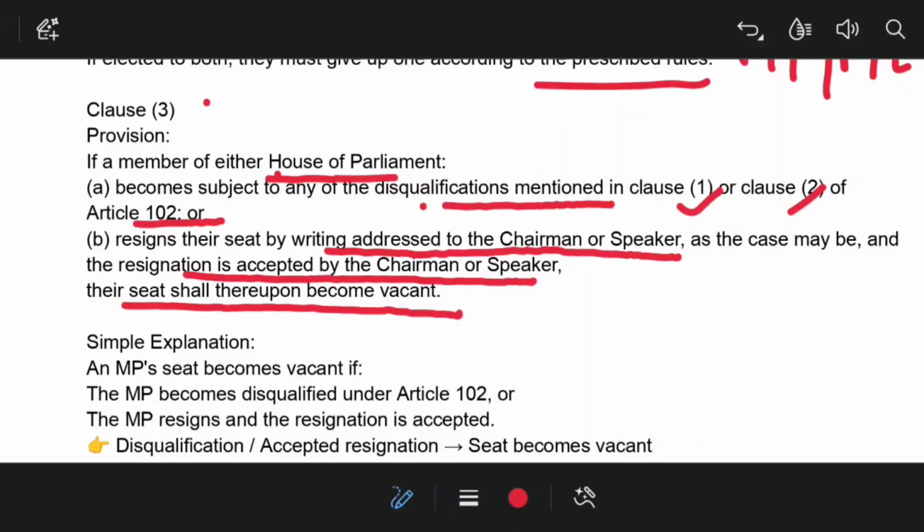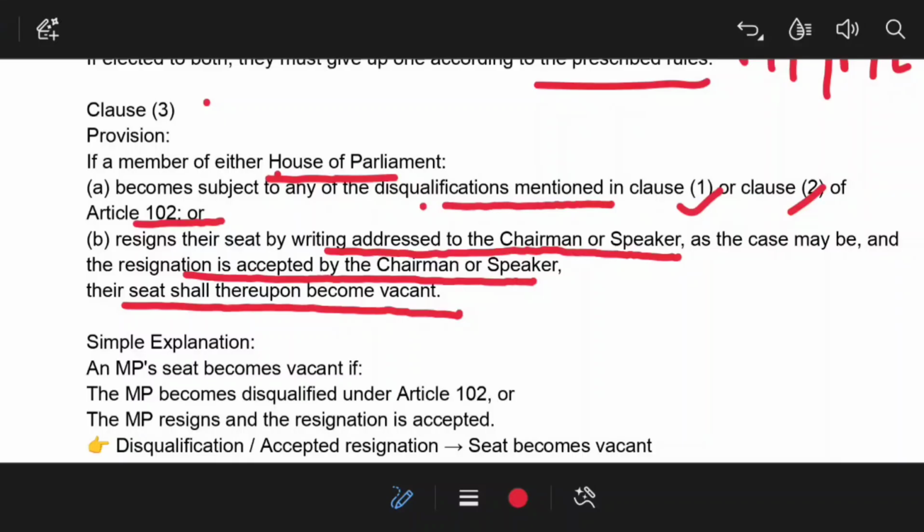That simply means clause 3 of Article 101 contains that if a member of either house of parliament becomes subject to disqualification under Article 101 clause 1 and 2, or they can even resign their seat by addressing the chairman or the speaker, that means the presiding officer of the respective house, then their seat can be vacant.